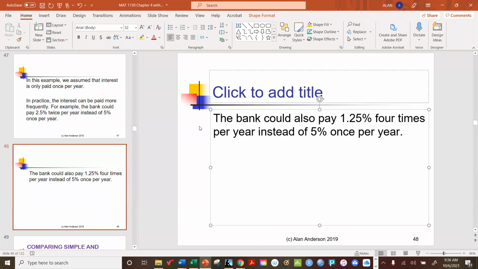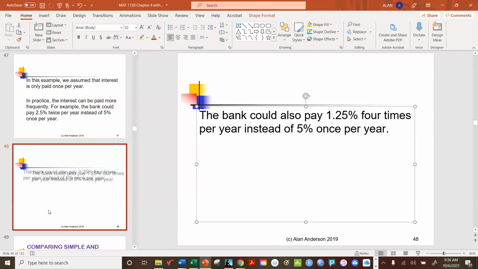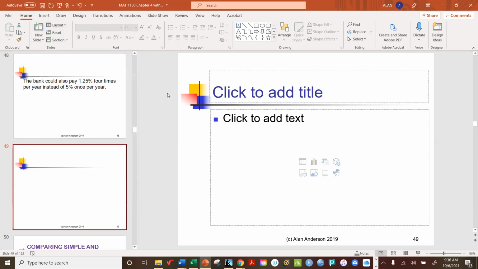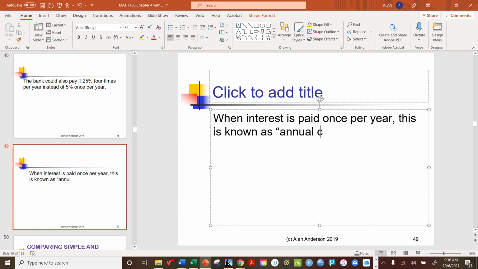So what we're describing here are different compounding frequencies. Okay, so the way we describe this is that when interest is paid once per year, this is known as annual compounding.